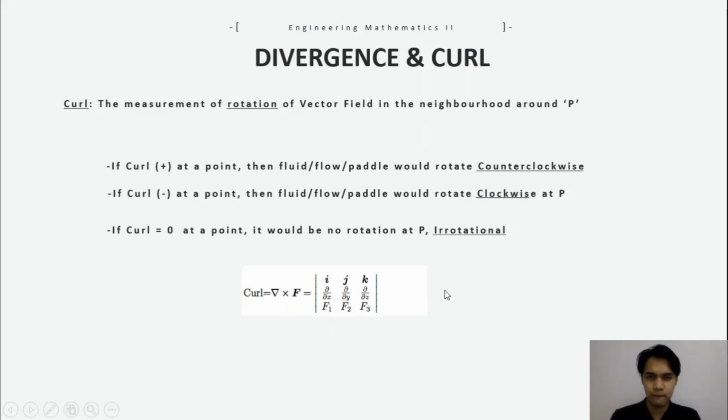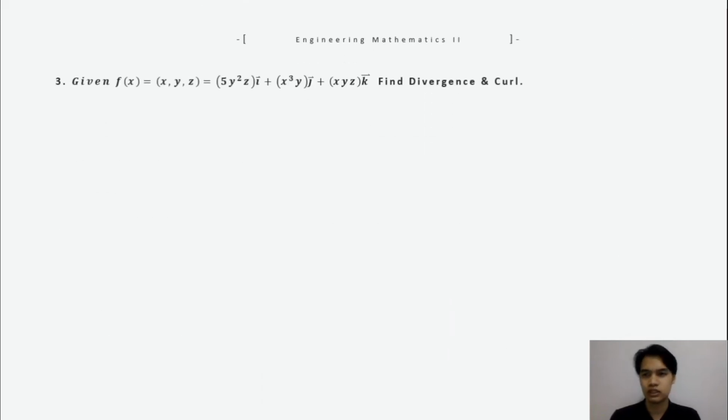Okay. Back to the question. So we know that the formula for divergence is del dot product with F. So del x of F1, del y of F2, plus del z of F3. Then we substitute F1 with 5y to the power of 2z, F2 with x to the power of 3y, and F3 with xyz.